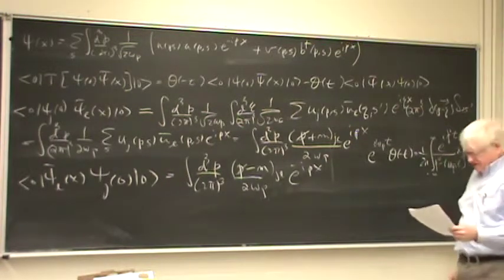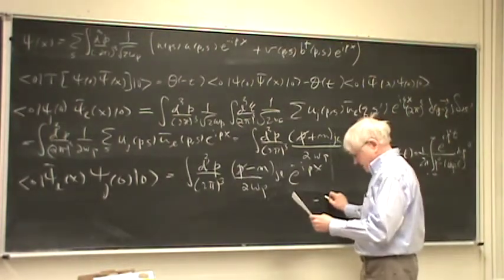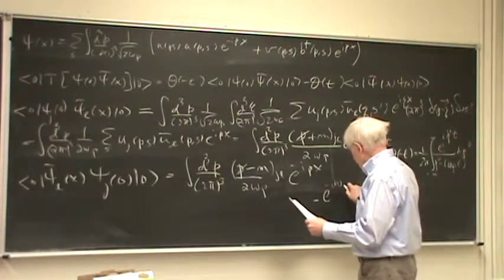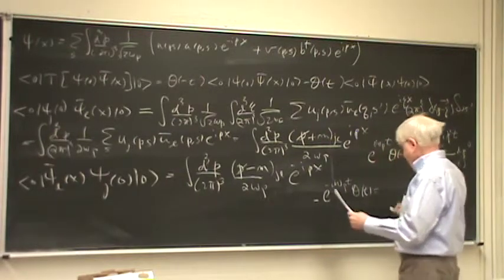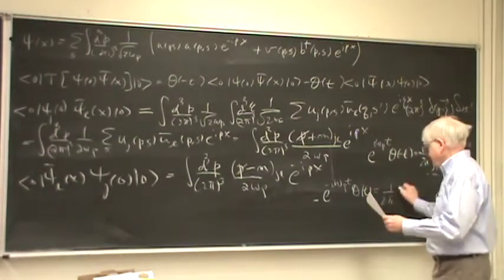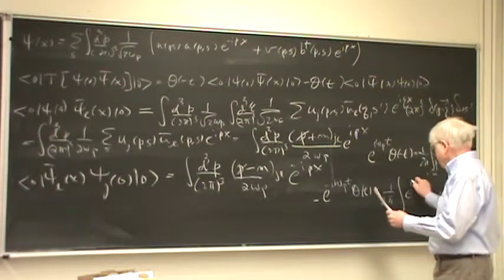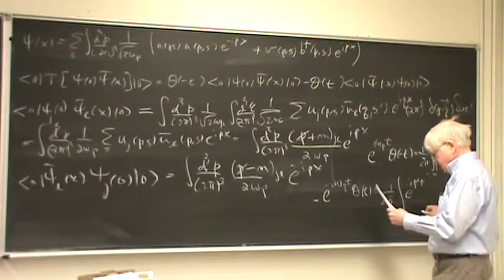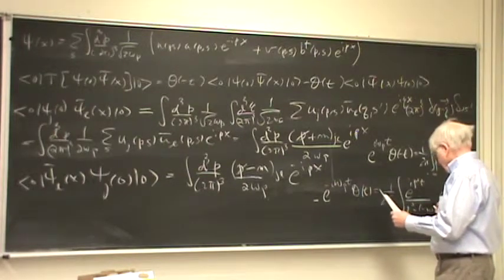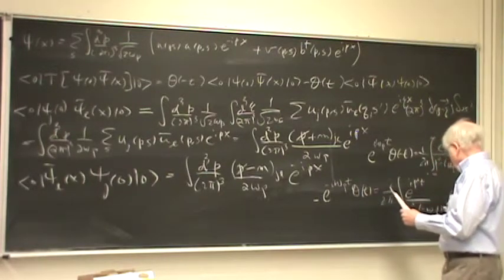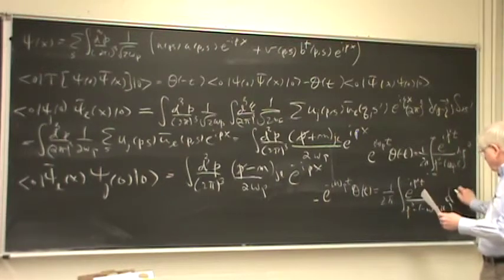So I'm writing it differently from the way that Schwartz wrote it. And this one is I over 2 pi integral e to the I p0 t over p0 minus omega p plus I epsilon dp0.